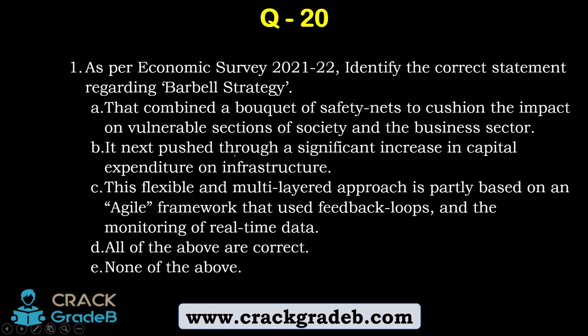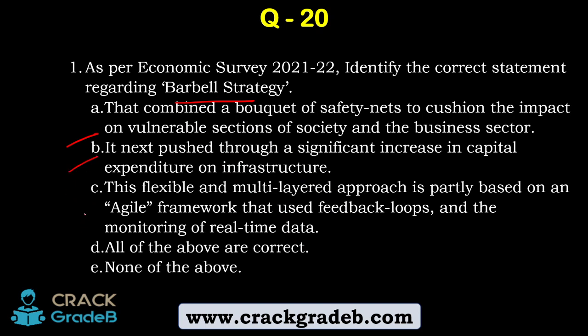As per Economic Survey 21-22, identify the correct statement regarding the barbell strategy. A: combining a bouquet of safety nets to cushion the impact on vulnerable sections of society and the business sector. B: it next pushed through a significant increase in capital expenditure on infrastructure.